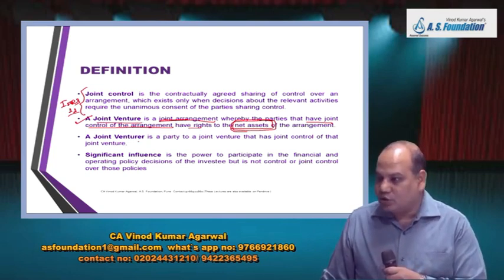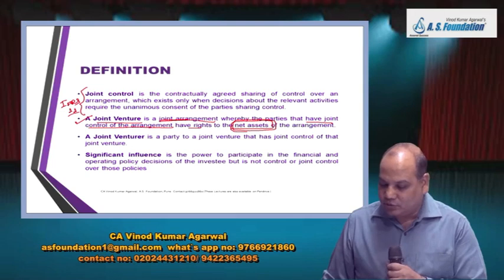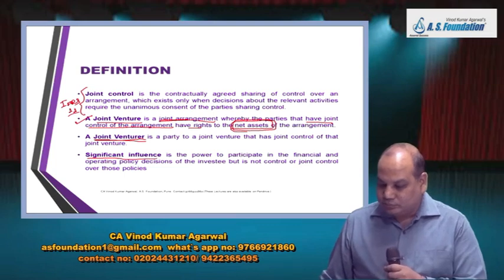Next is who is a joint venturer? It is a party to a joint venture, and he must have joint control of that joint venture. So then he's called joint venturer. You will also apply IAS 28 if you are a joint venturer. And then what is significant influence?